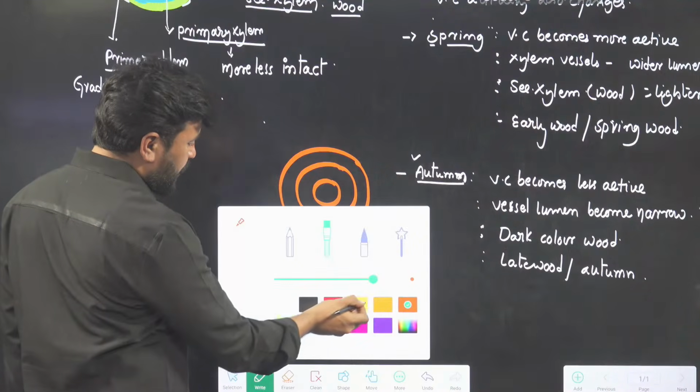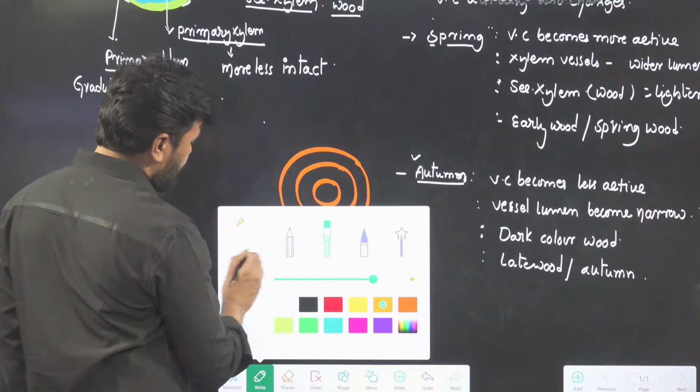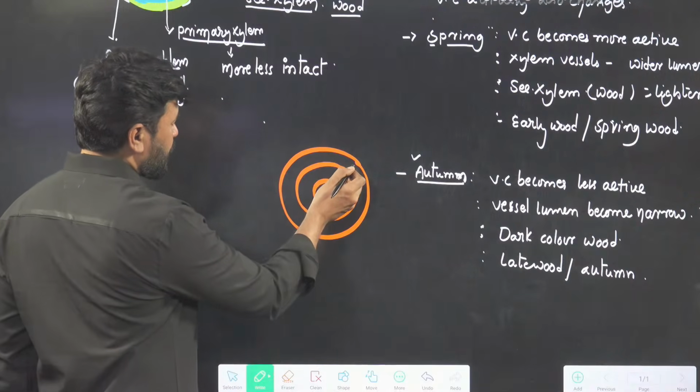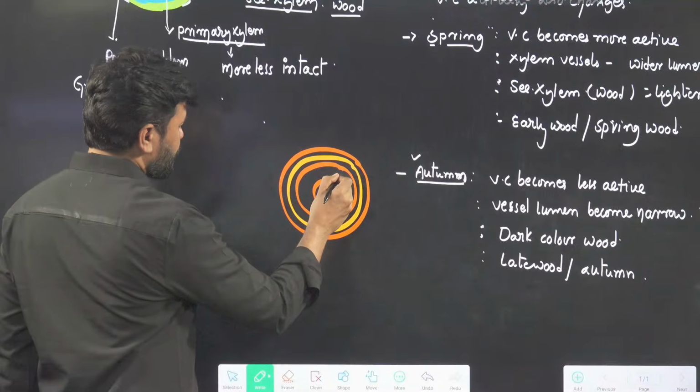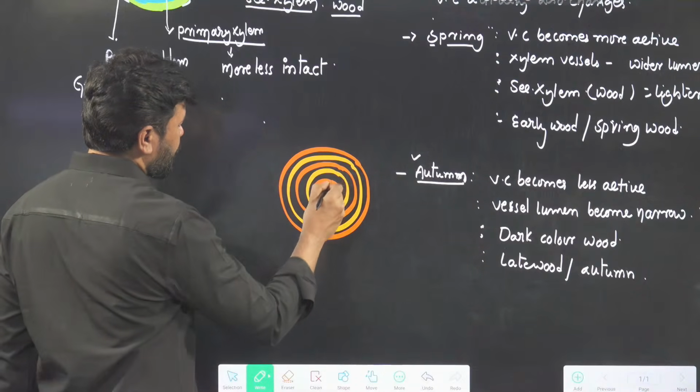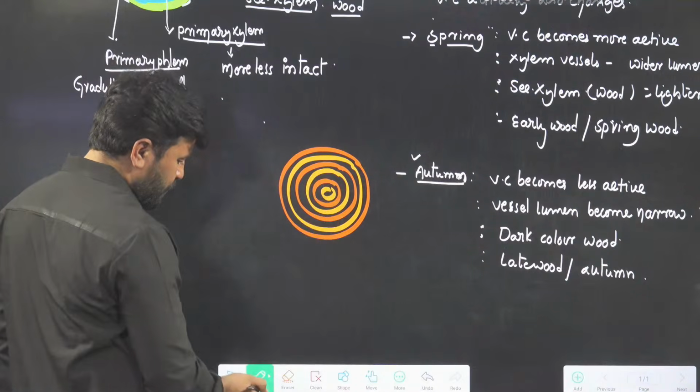The dark color band is known as autumn wood. The light color band is known as spring wood.